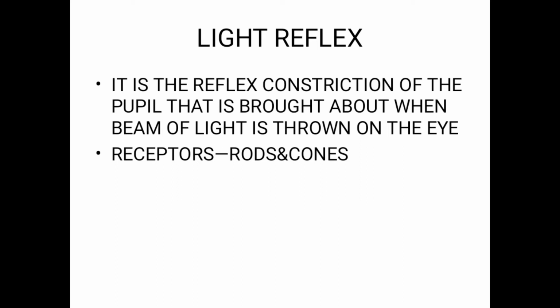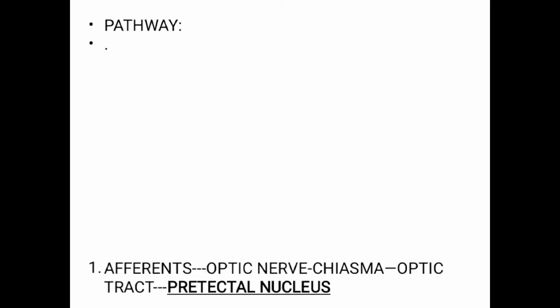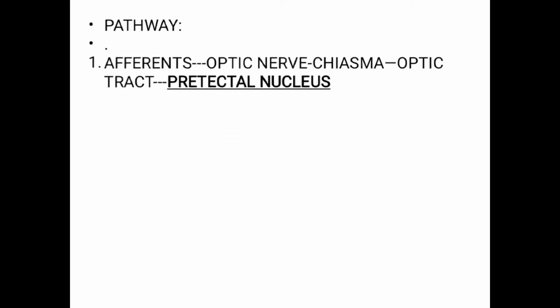The receptors here are rods and cones. The pathway is not important for you. I will just tell the afferents. Receptors are rods and cones. Afferents are optic chiasma, then optic tract, or just write optic tract, then pretectal nucleus.